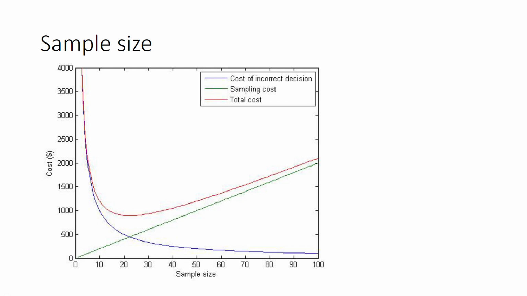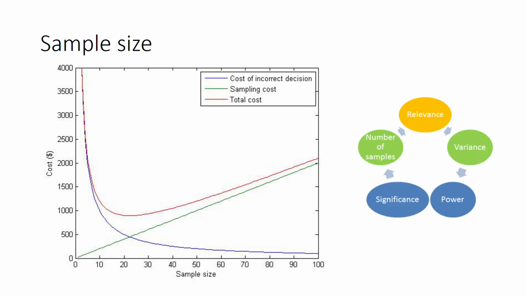So in that region, between 20 and 30, you have a good compromise between being able to detect what you want to detect and not spending too much on the experiment, not only in terms of money, but also in terms of animal lives. So in reality, the sample size is related to 4 other variables.